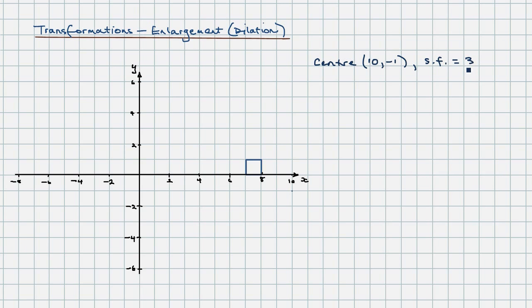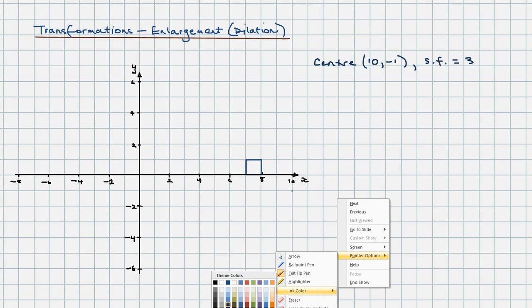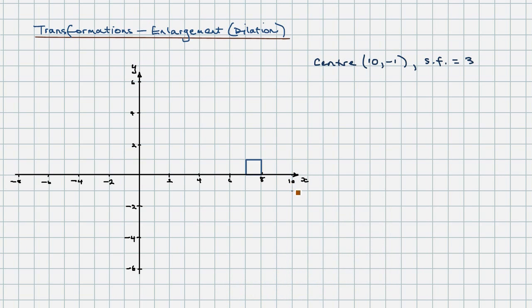So this time we can't work with the coordinates, we have to use the vector system. So let's go ahead and draw a vector. We'll start by drawing from here to here. Draw our arrow.